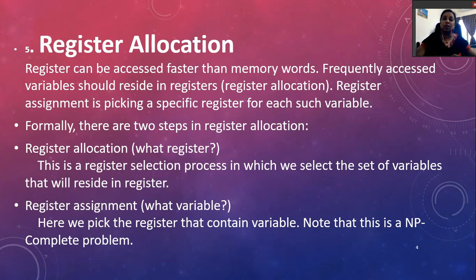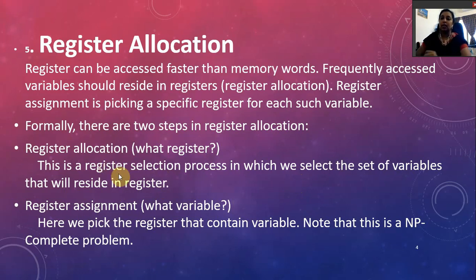Let me not remove R0's value, but let me change R1's value, replace B's content with E's content. In that case, the number of memory to register transfers is going to be reduced. So we need to know how many transfers can happen if I choose a register's content to be replaced. All these things play a major role in register allocation.